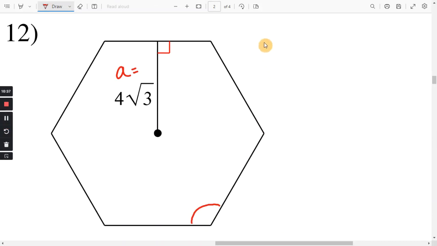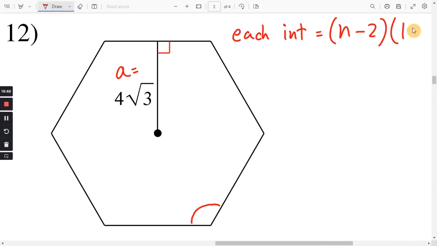Each interior angle is going to be the total, which is n minus 2 times 180, divided by the number of angles, or the number of sides, same thing. So let's see, we can count sides, we can count points, 1, 2, 3, 4, 5, 6. All right, so n equals 6.